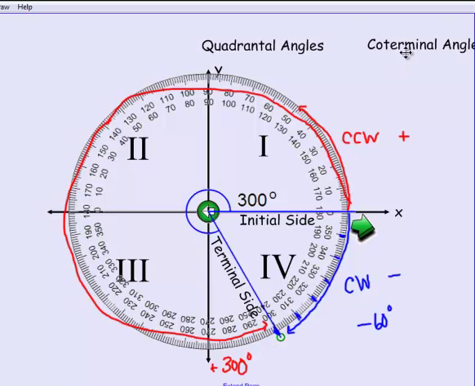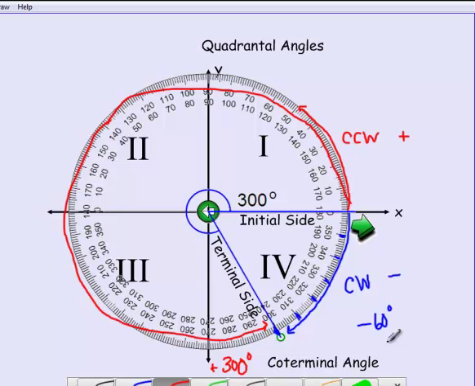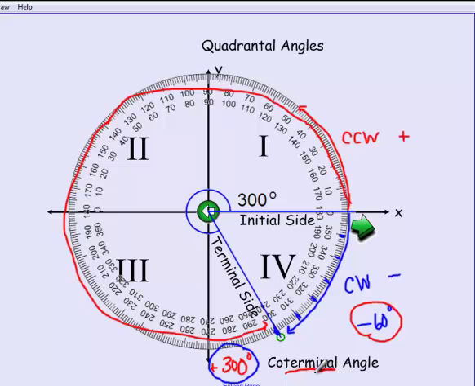And that brings up this word, coterminal angle. We say that negative 60 and 300 are coterminal angles because they terminate in the same place. They both terminated right here.